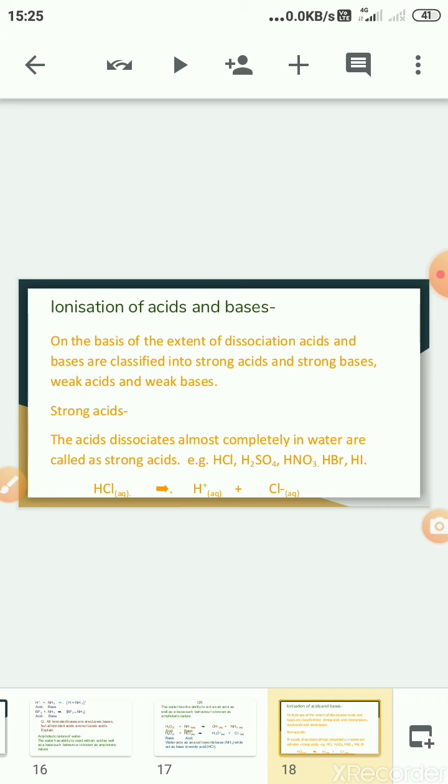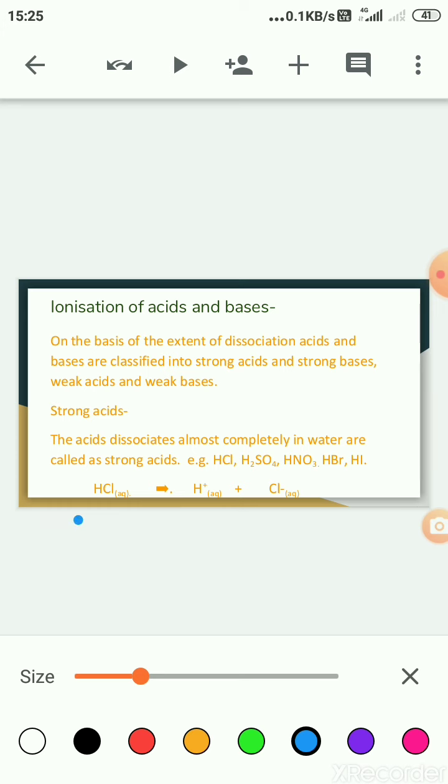The acids which dissociate almost completely in water are called strong acids, and examples are HCl, H2SO4 and HNO3. HBr and HI also dissociate completely in water, therefore these are also strong electrolytes, and as they contain H plus ions, they are included in strong acids.